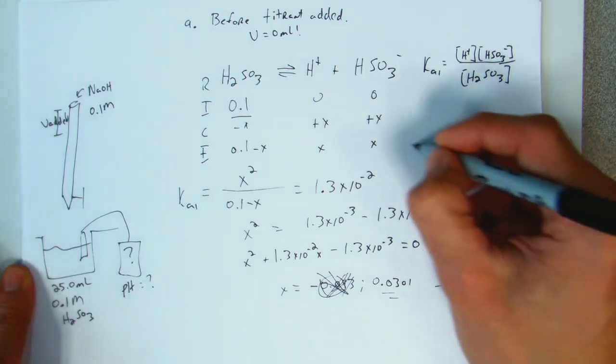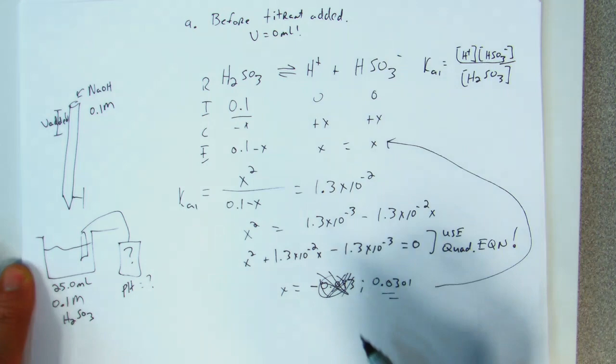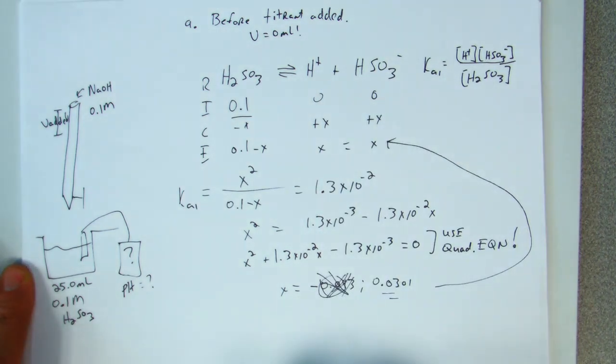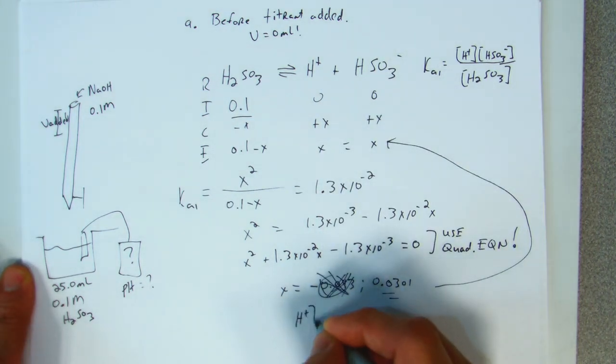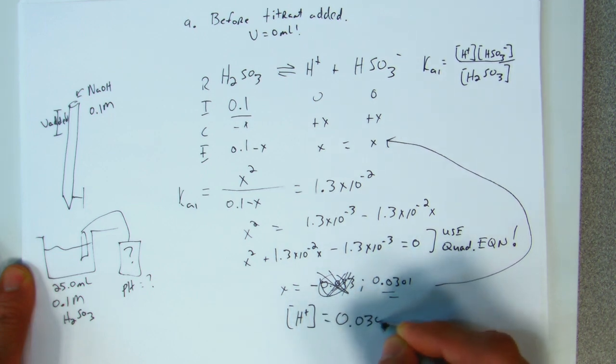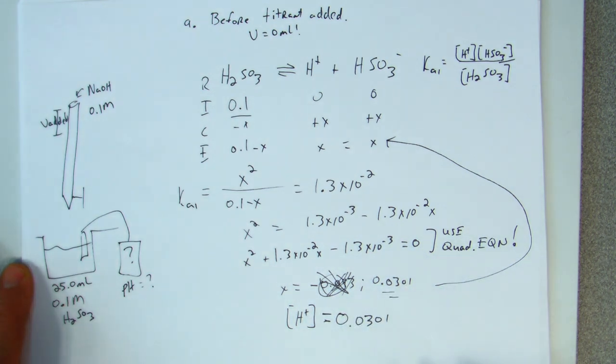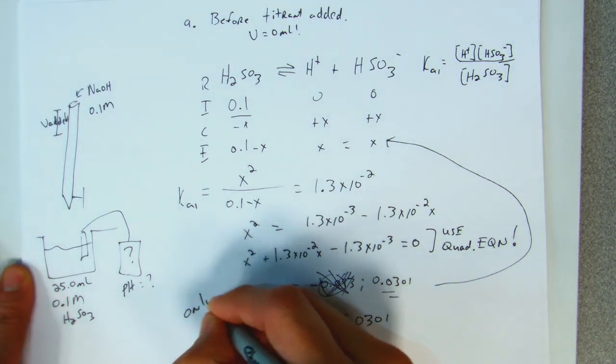If I look back to my rice table, I can see that that corresponds to the concentration of this ion. It also corresponds to the H plus concentration. Now remember when we worked this type of problem for polyprotics in the previous chapter? We decided that only the first dissociation was important.